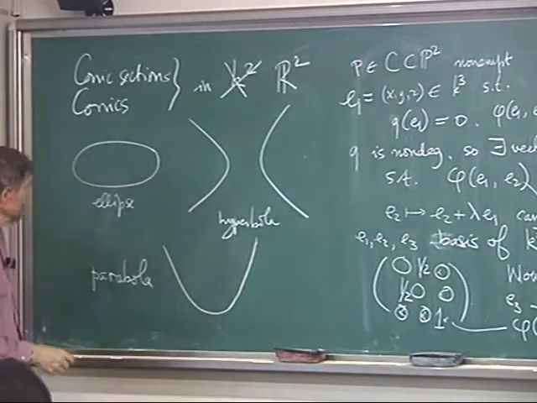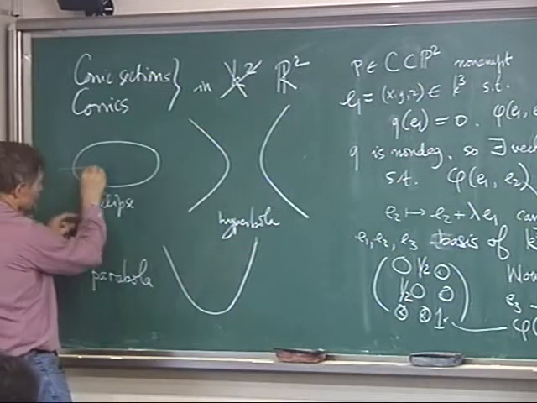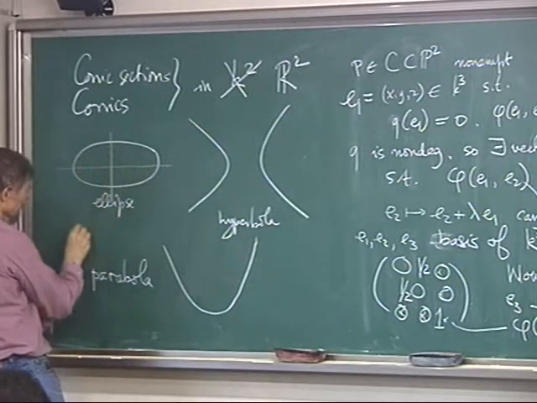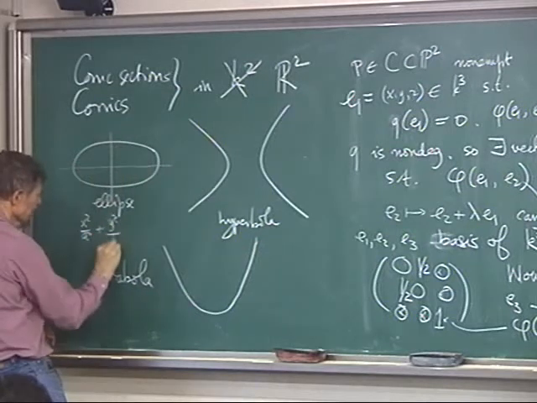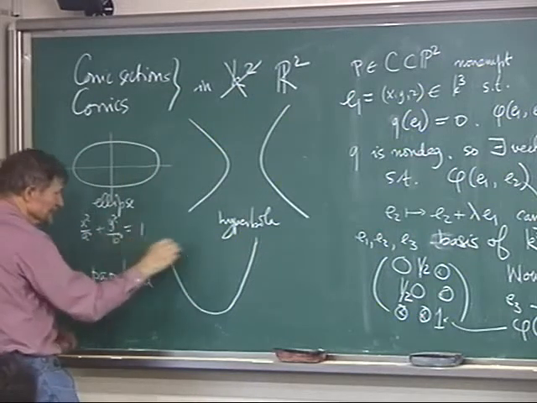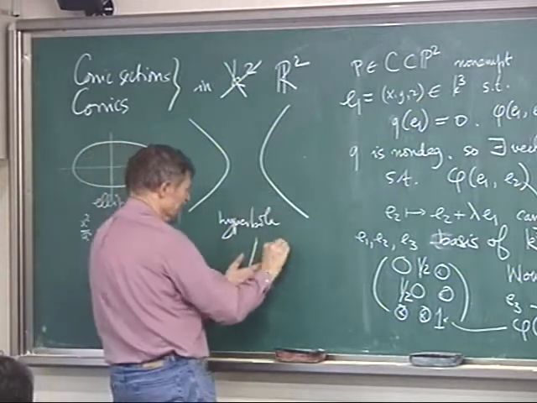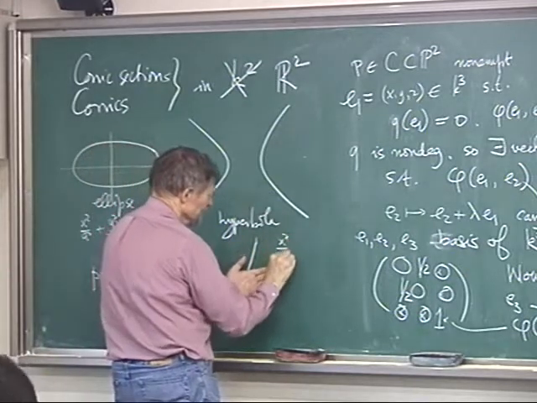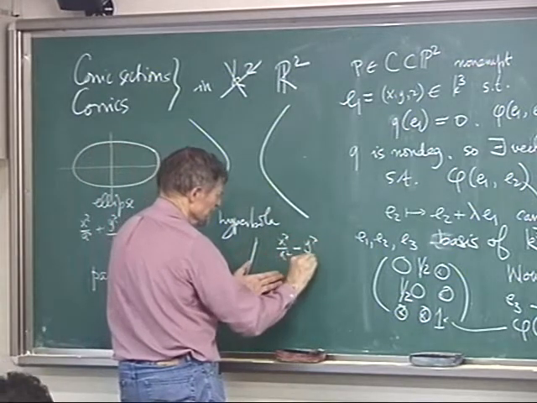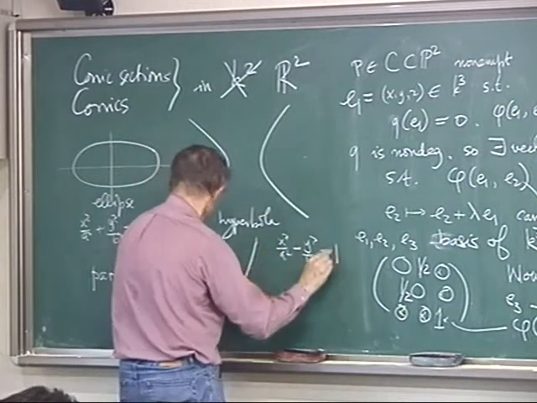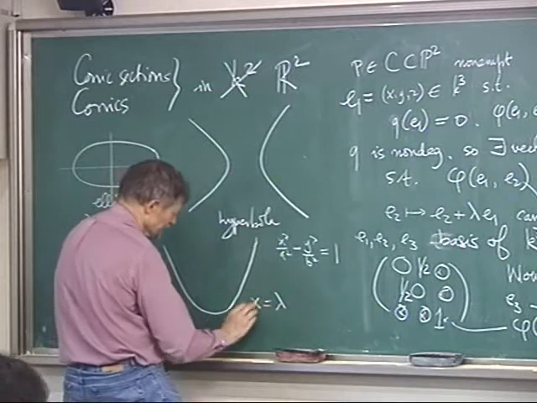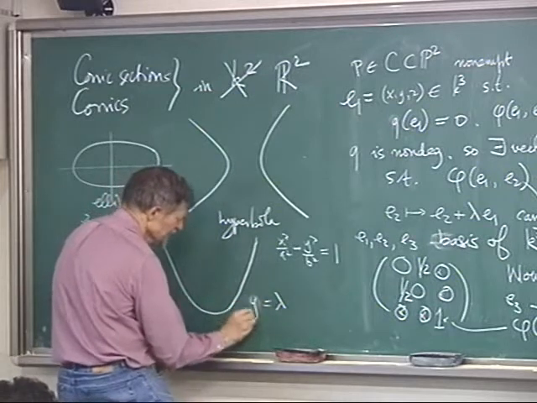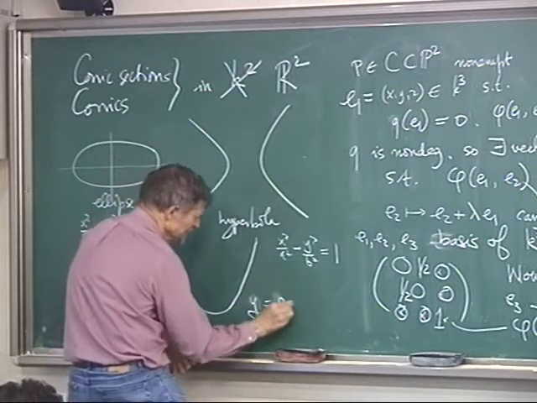Right, and so as you all remember from school, you do something like x squared over a squared plus y squared over b squared equals 1, and here you do the equivalent thing, x squared over a squared minus y squared over b squared equals 1, and here you do, for example, y equals c times x squared.